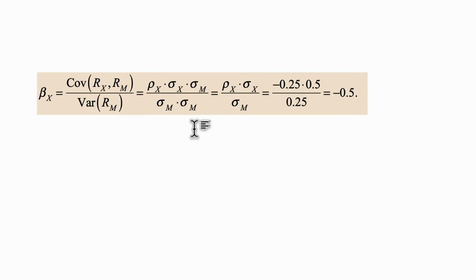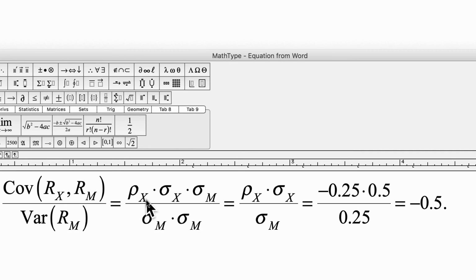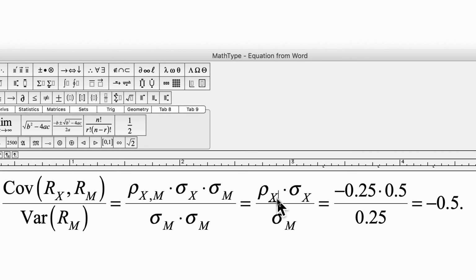So sigma m cancels, and that's also equal to the correlation coefficient of X with the market times the standard deviation of the rate of return of X over the standard deviation of the market. Then we plug in the numbers from the problem: negative 0.25 times 0.5 over 0.25.